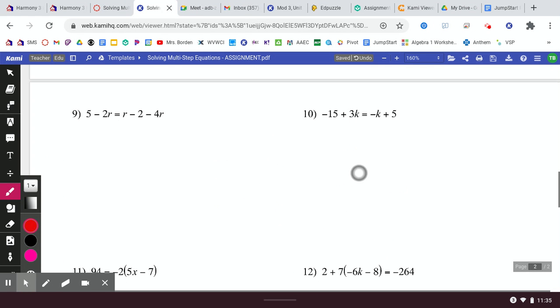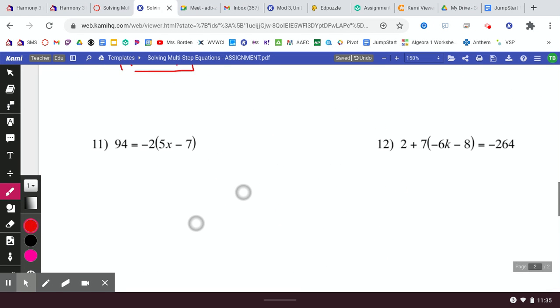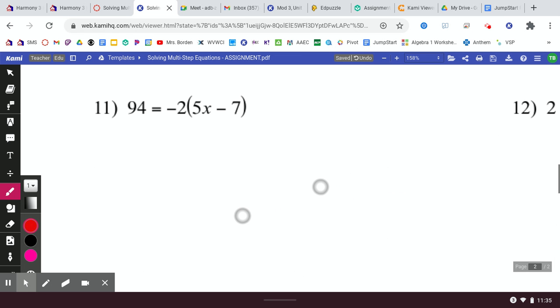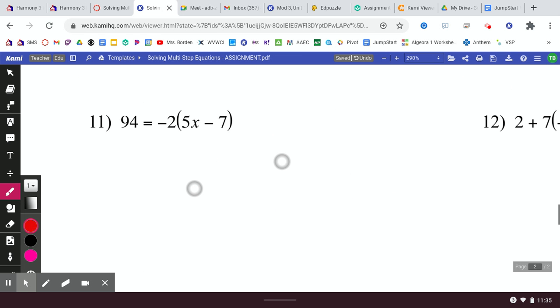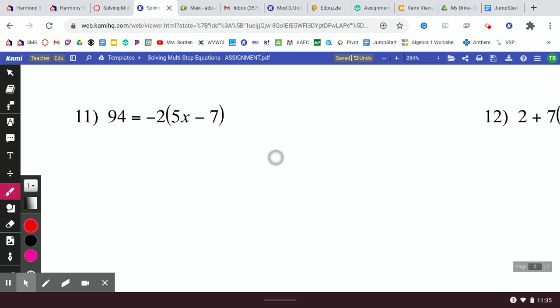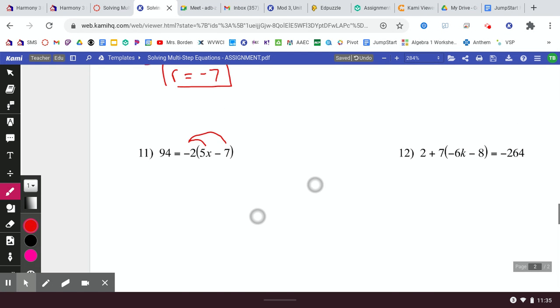All right, let's see. Jalen, number 11. Now we've got some, I didn't realize there was a back side to this. Okay, now we've got some distribution. So Jalen, the first thing we're going to do is distribute what? Am I on the right one?